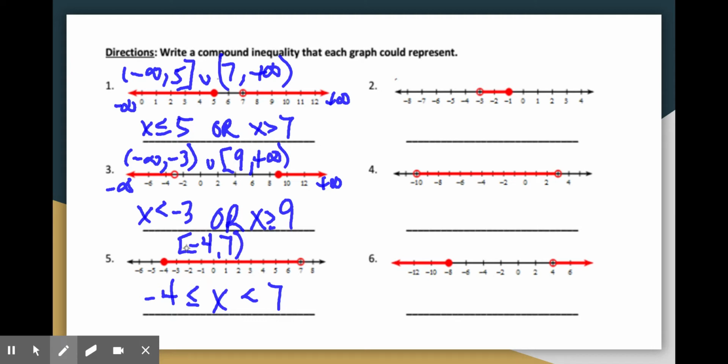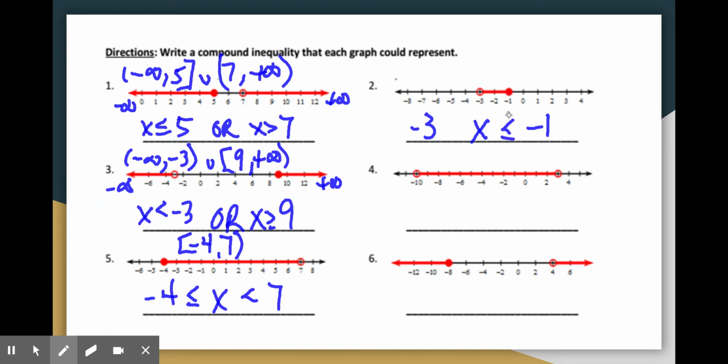That's all done. Okay, let's come up here to number 2. Number 2, same idea. The solutions are in between the two numbers. So x is going to be in the middle of negative 3 and negative 1. Now, if we start on the right here, the numbers are smaller than -1 or equal to, right?